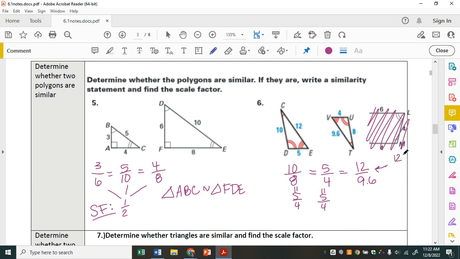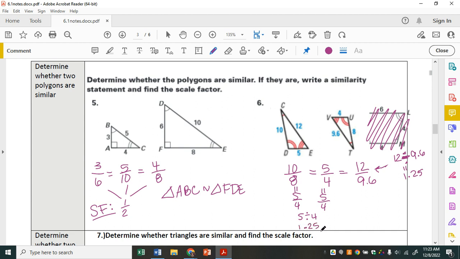So what we're going to do is we're going to plug 12 divided by 9.6 into our calculator, right? When I do that, I'm going to get 1.25. So what I need to do is I need to compare this decimal to what I would get if I plugged in the calculator 5 divided by 4.